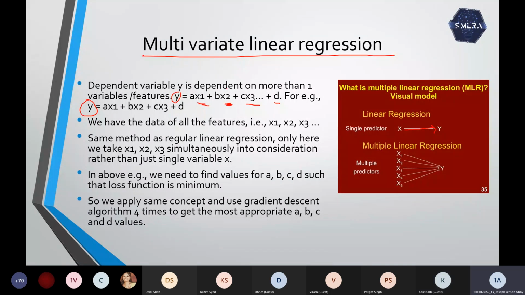You have done a survey, so you have the data: if I use, say, 1 liter of water and a few grams of fertilizer, it gives this much yield. Then another data point: so much water, so much fertilizer, this much yield. You have a table with the values of x1 and x2. You have to find the trend and predict.